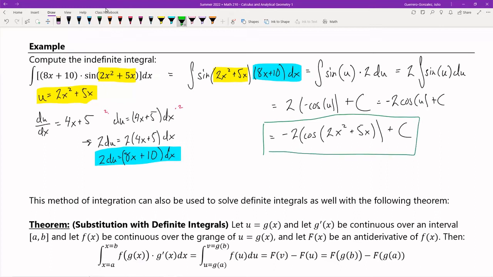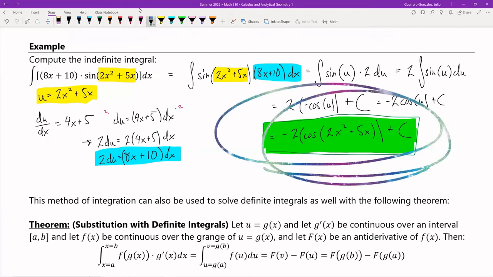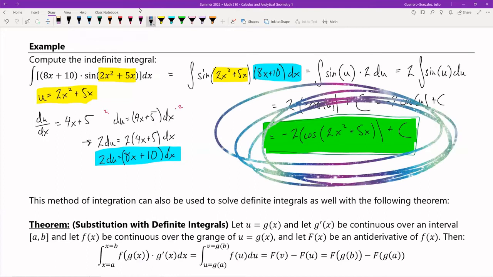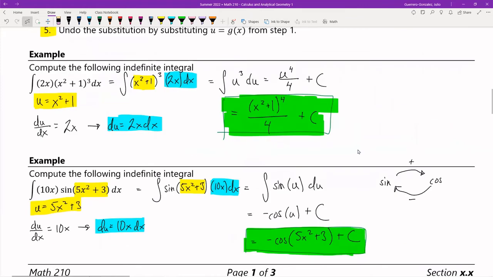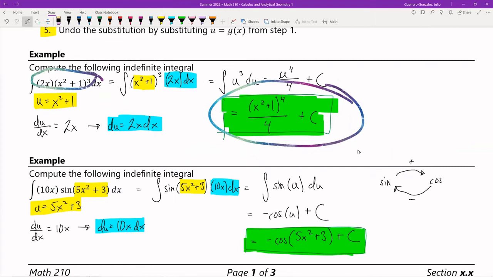Just for verification purposes, I'm not going to do it, but you guys should at least observe or recognize that if I grabbed this and took the derivative of it, it's going to be this. Likewise for the ones from before: if I take this and take the derivative, it's going to be this. And if I grab this and take the derivative, it's going to be this.